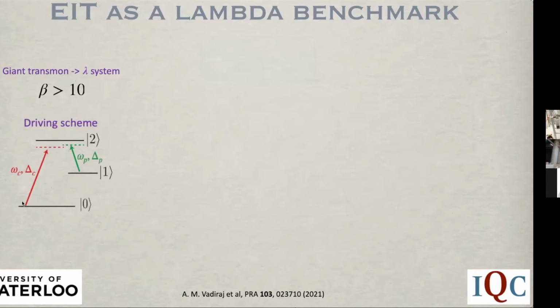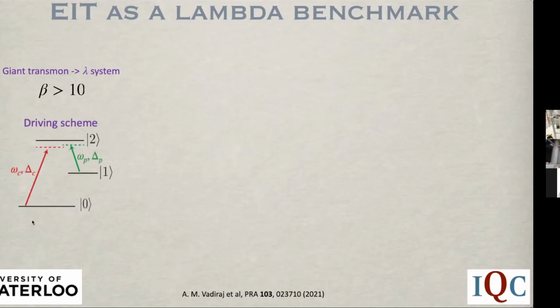This is where I drive the lambda system with a two-tone drive, and I can have quantum interference of how the system moves between the different levels. This can suppress transitions, or I get a very narrow window where the system doesn't absorb one of the pumps. That's called electromagnetically induced transparency.